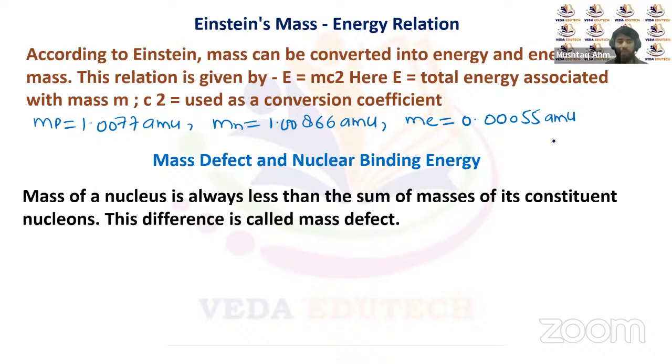But when we experimentally calculate the mass of the nucleus, it's actually less than that. The mass of an actual nucleus is always less than the masses of its constituent nucleons. And this difference between the actual mass and the mass as calculated by the mass number, that difference we call mass defect.